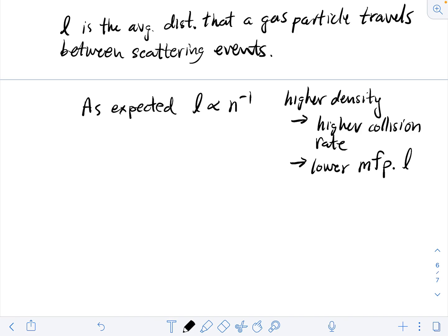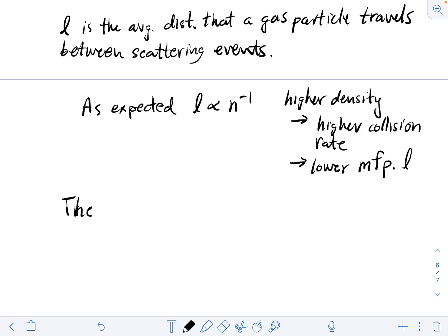So for these microscopic particles, the radius of the molecules is not a well-defined thing, but you can work out, say, an effective size of the particles.